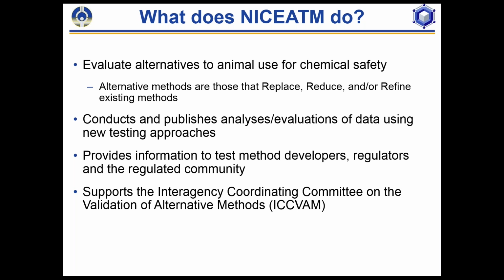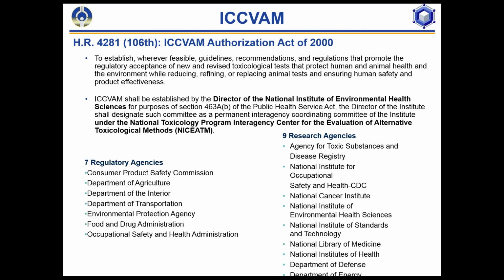As you can imagine, those two activities do leave us with an awful lot of data. The other thing we do is we support the Interagency Coordinating Committee on the Validation of Alternative Methods, or ICCVAM. That's a congressionally mandated authorization act. The important thing here is there are a whole lot of different US federal agencies that either use animal methods or require some kind of animal-based test, or they do research using animals.